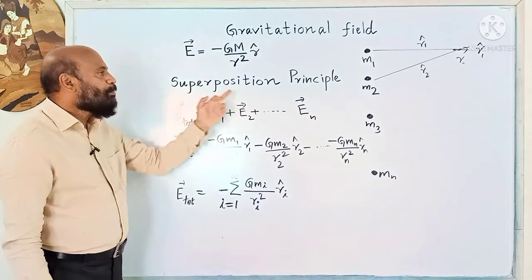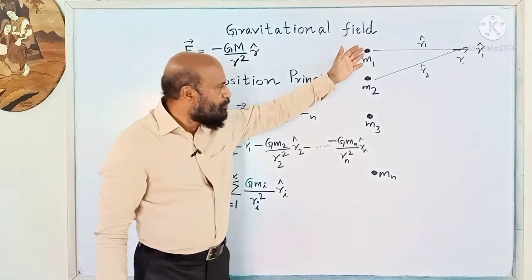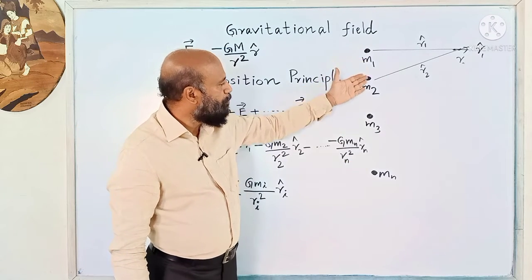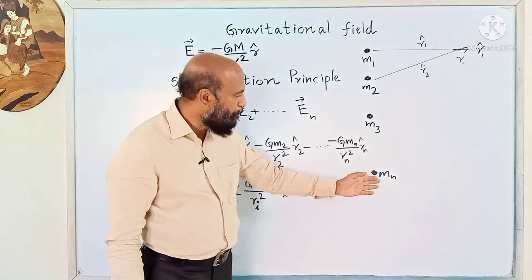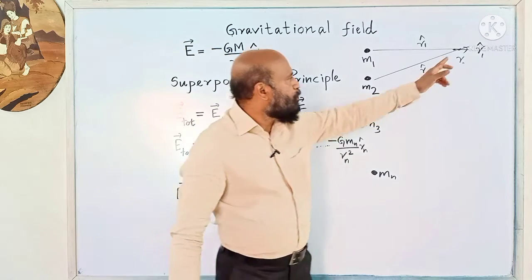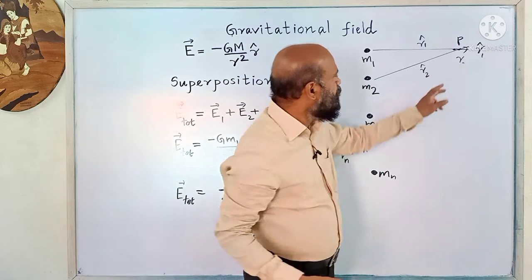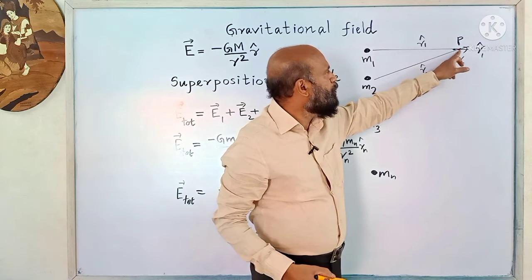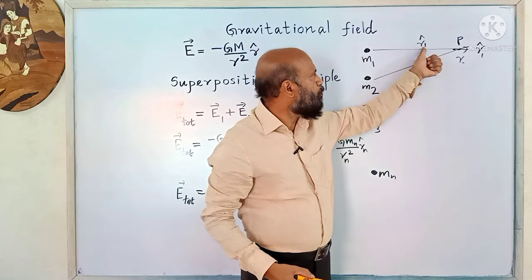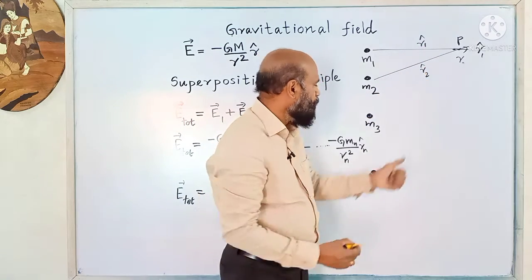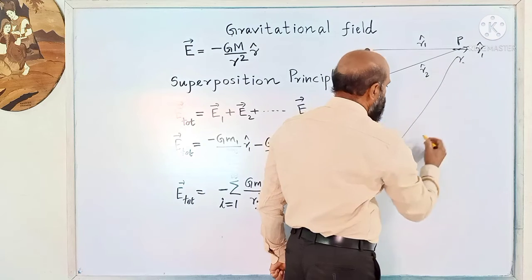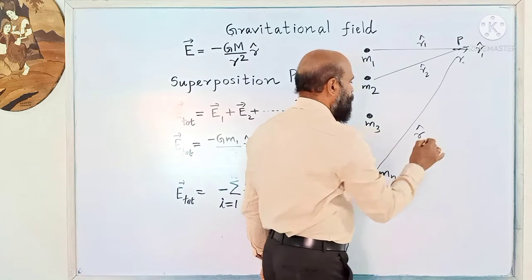Now let us see the superposition principle. Here there are so many masses, m1, m2, m3, etc. up to mn. Now we have to consider a point P. We want the intensity at a point P. So the unit vector along this direction is r1 cap, along this r2 cap, and finally this is rn cap.